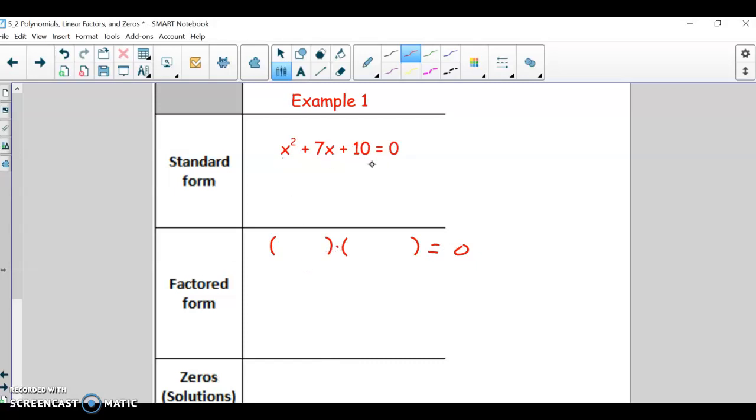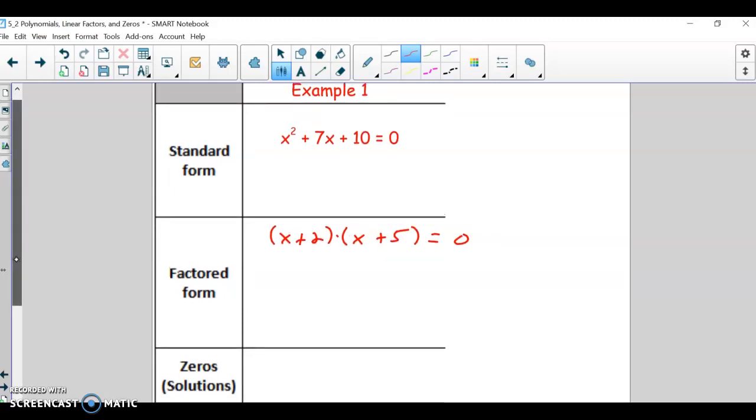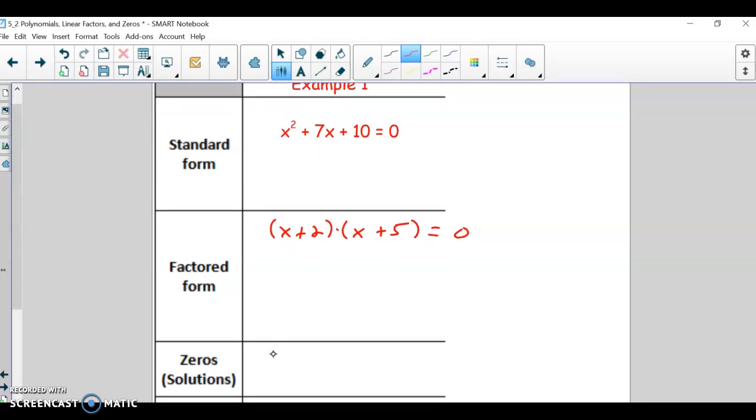All right, so hopefully factored form, we know that there's no GCF, but we can do x and x for the x squared, and then multiply to 10 and add to 7 would be 2 and 5. All right, so you have x plus 2 times x plus 5. Right, and then to get the solutions, you set each little factor to 0.